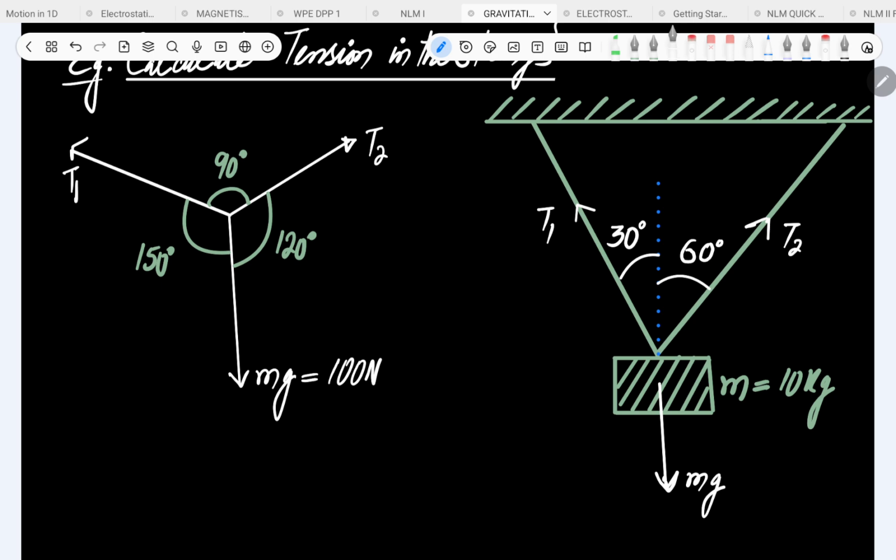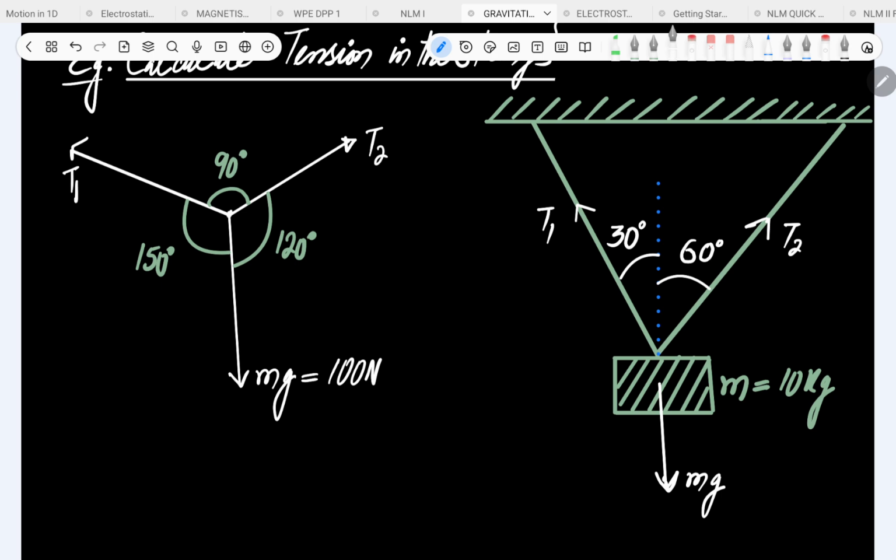Now see that this particle is in equilibrium. There are three different forces acting on the particle, and this block is at rest. It is in equilibrium. Hence the condition is ripe for Lami's theorem.